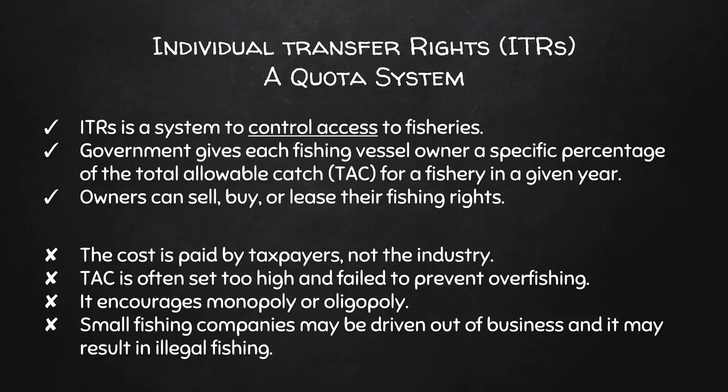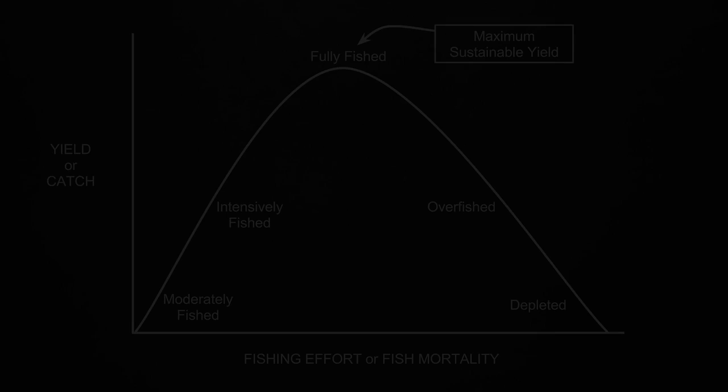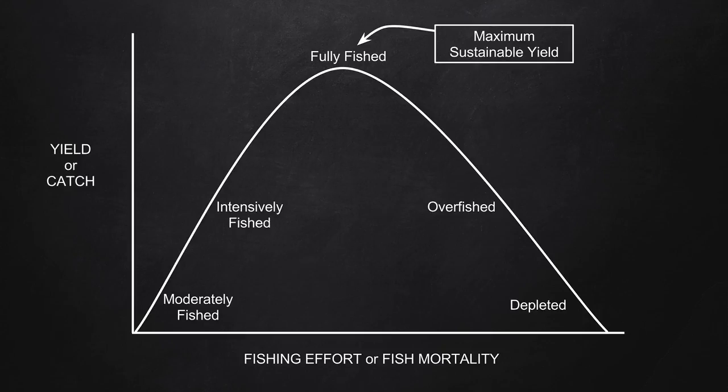Okay. So we talk about the maximum sustainable yield and optimum sustainable yield. Maximum sustainable yield is where we focus on the point where we can capture the most fish in the ocean with a moderate fishing effort.